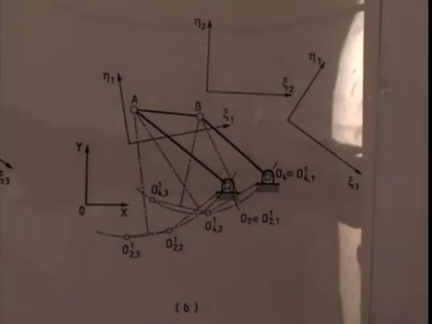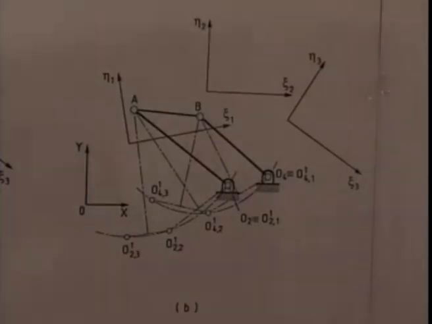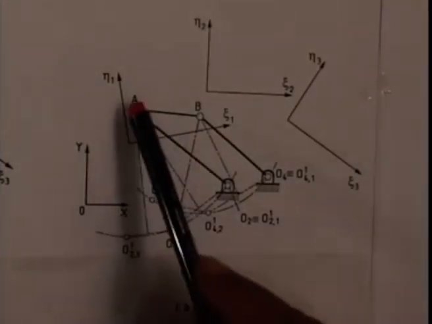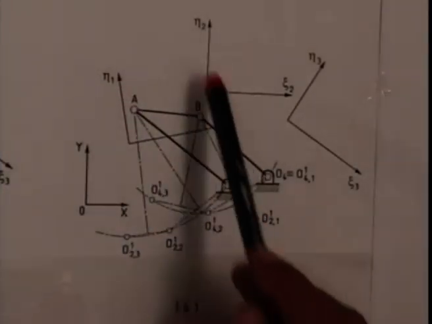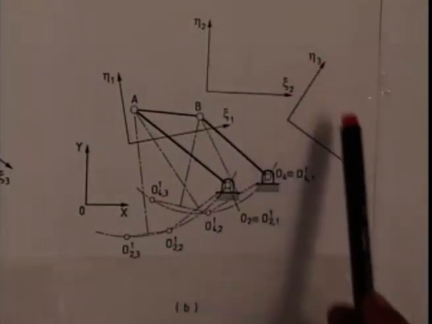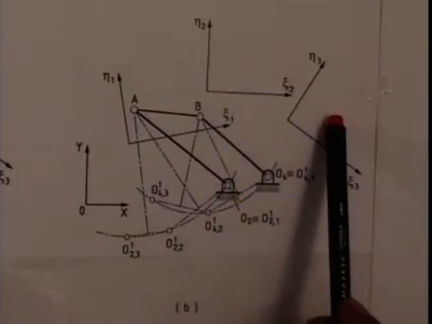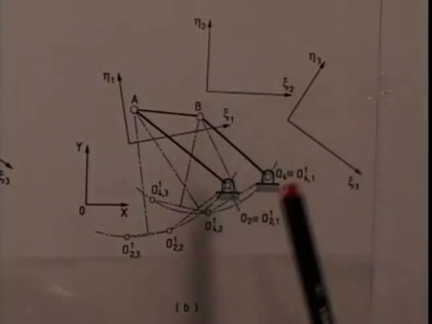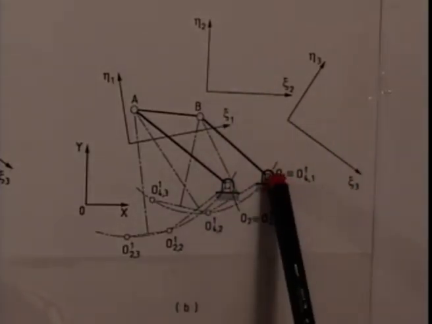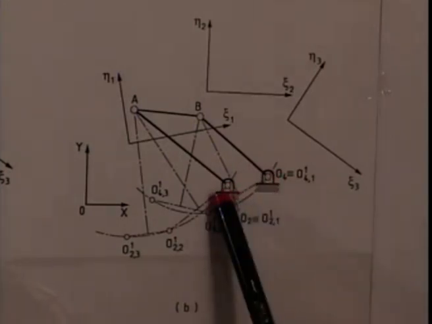What we have done, we are using a tracing paper, eta 1, zeta 1, eta 2, zeta 2, eta 3, zeta 3. They specify the 3 desired positions of the coupler. O2 and O4 have been chosen according to the convention.